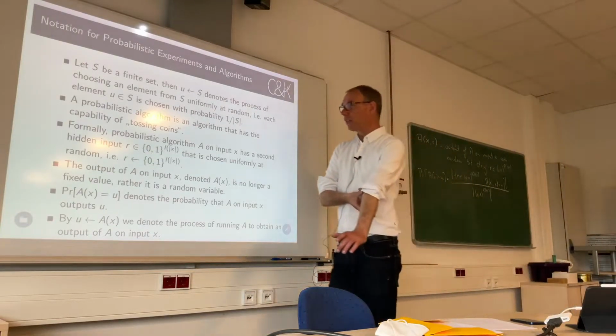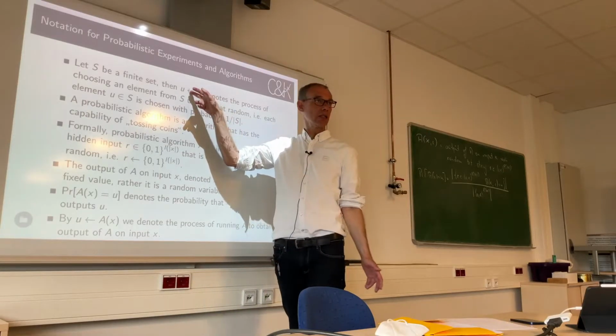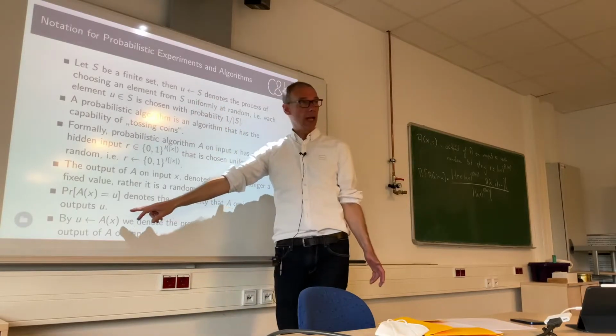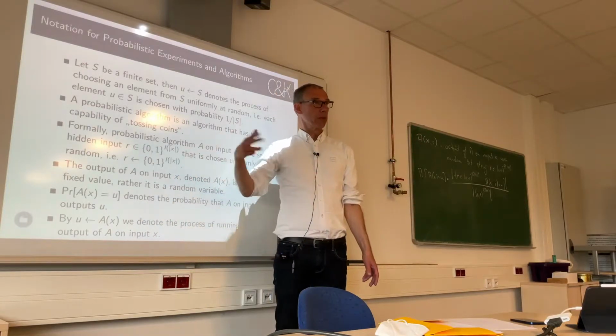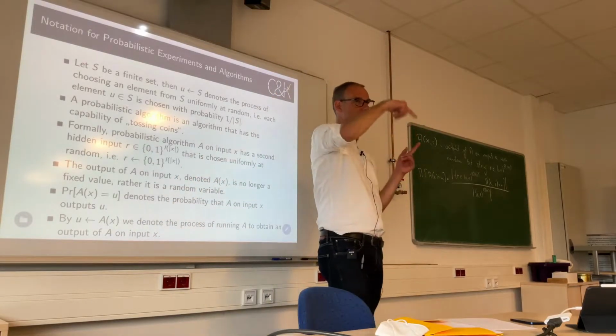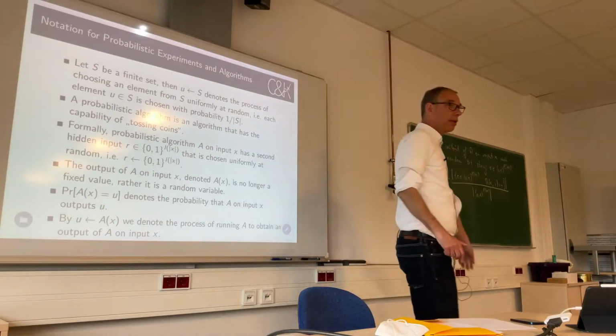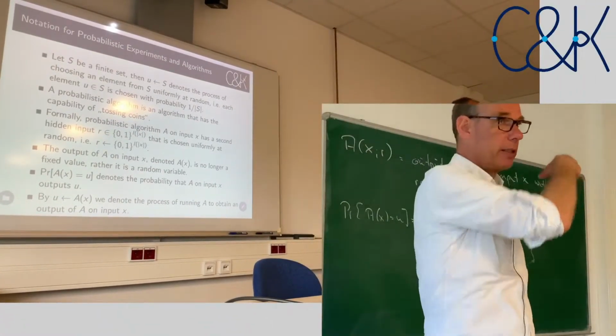If on the right-hand side I have a finite set, this is always uniform. If I have here an algorithm, this R is picked uniformly at random, and then I run A on X, comma R, and the probability then for every particular U is as defined on the board.